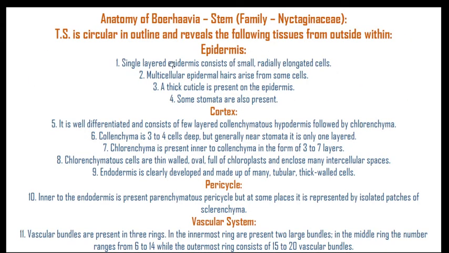In the anatomy of the Boerhavia stem, which belongs to the family Nyctaginaceae, a transverse section of the stem shows a circular outline and reveals the following tissues one by one.